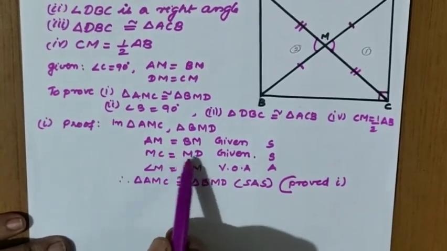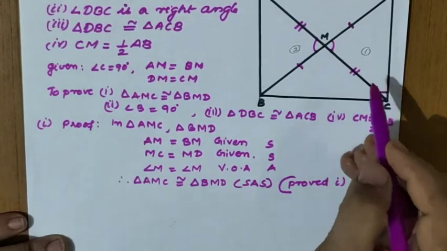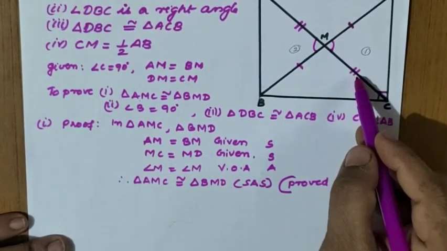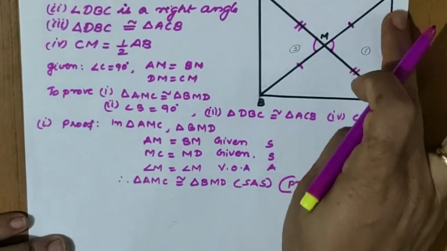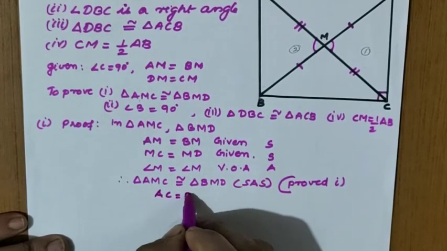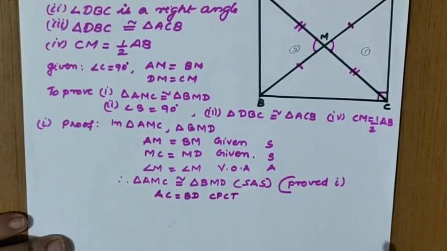Okay. Now two sides we have written. What is the third side remaining here? AMC is the triangle we have written. The first equal side we got, and the second equal side is given in the question. What is the third side for this one? AC. So I'll write here AC equals BD, CPCT. Right, what is the next?